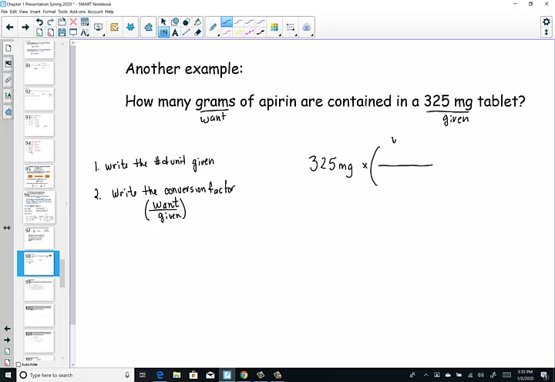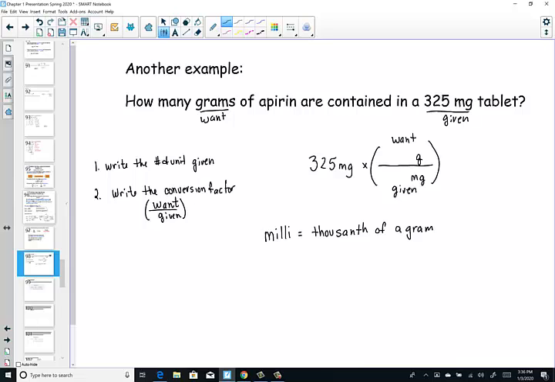So think about want over given. We were given the unit milligram. We want the unit gram. We need to find the equivalency. And you remember what milli means, and we're working to memorize those metric prefixes. That stands for thousandth of a gram.